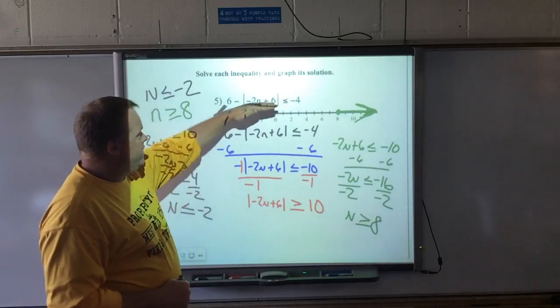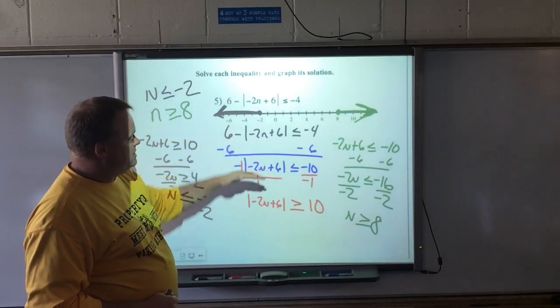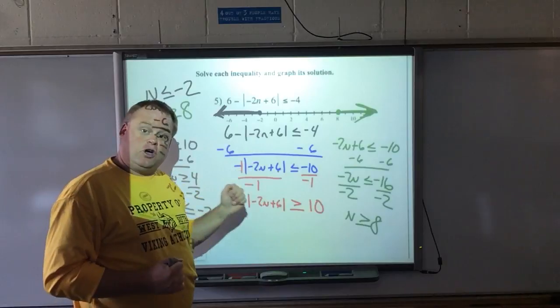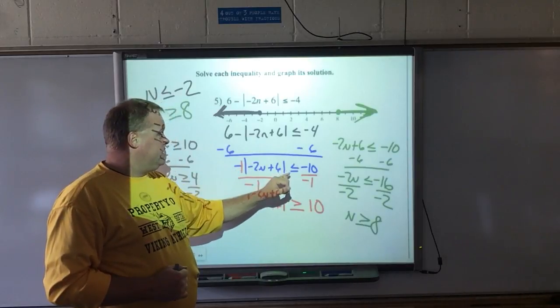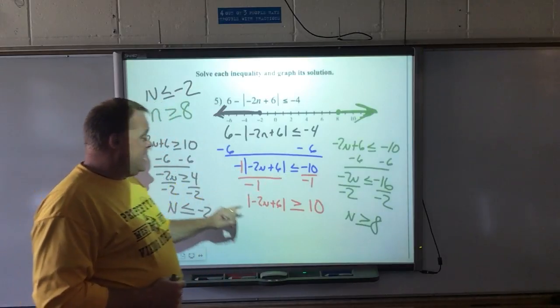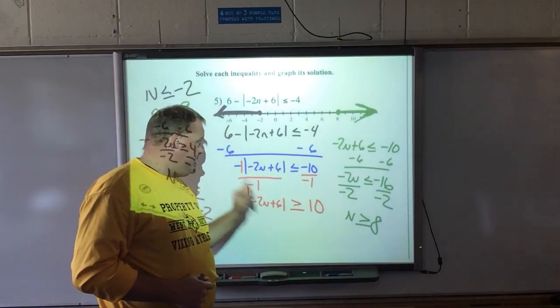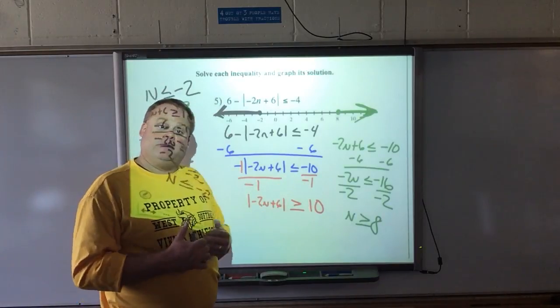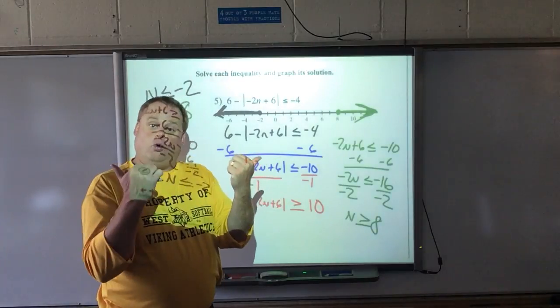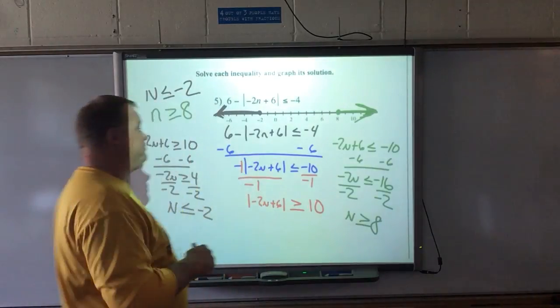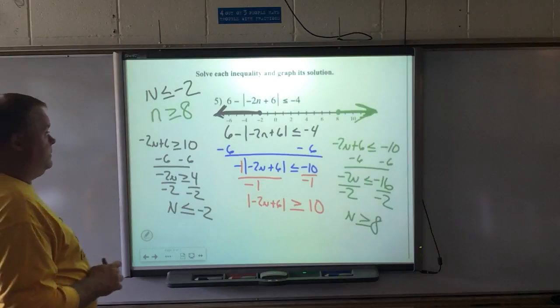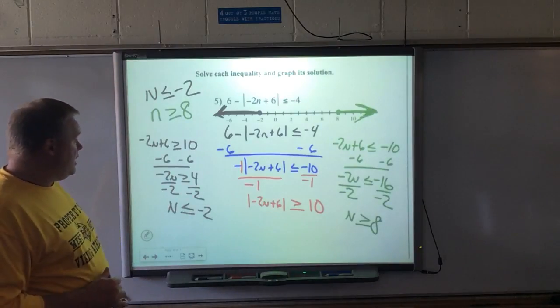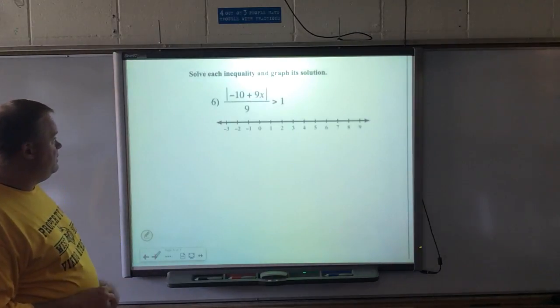Well, remember, we had to do some work to it to get it to where we could go to solving it, right? And when we did that, we got down to here. That negative, when I divided by that negative that was out front, made it a greater than. So a greater than is going to be an example of an either or, an or. Either or. All right. That was that one, so here we go.